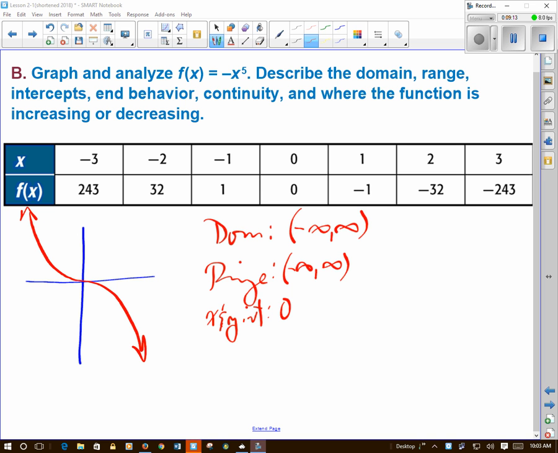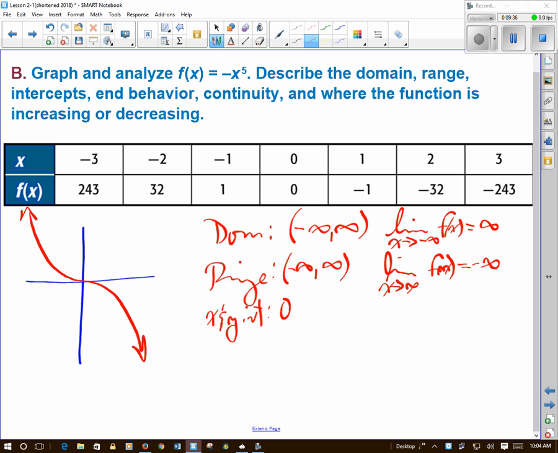The end behavior, limit as x goes to negative infinity of this function is going to be infinity, and the limit as x goes to infinity is negative infinity.